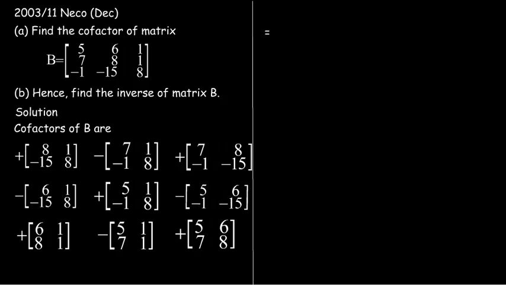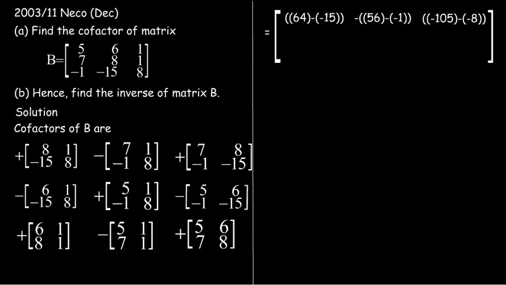It will be equal to, our first element will be 64 minus (minus 15), which is also (minus 15) minus (minus 1), then (minus 105 minus 8). Our next element will be minus (48 minus 15), also (40 minus minus 1).